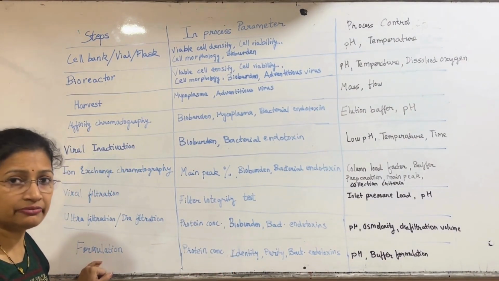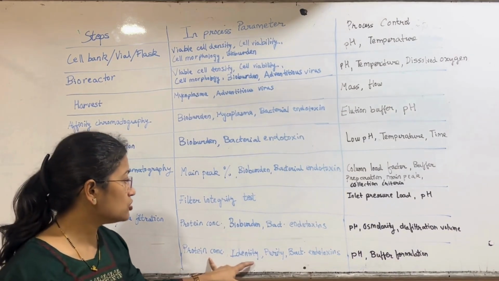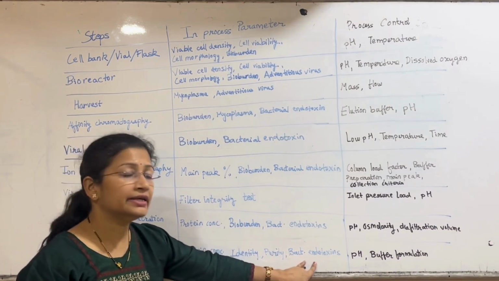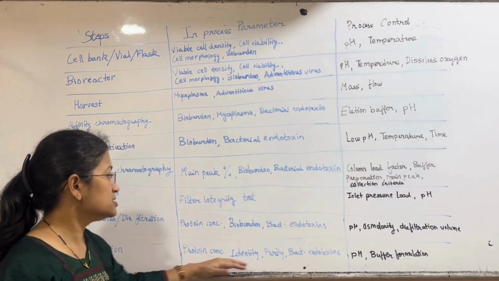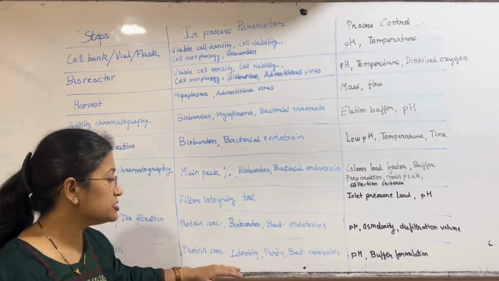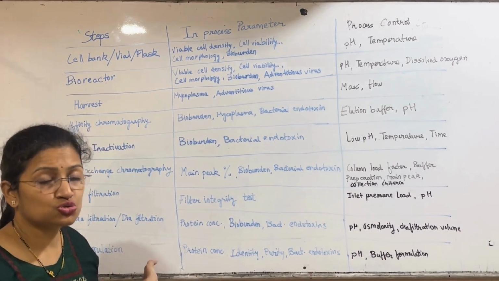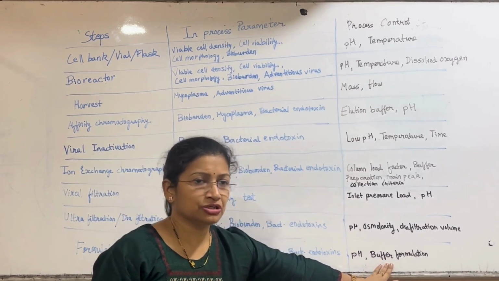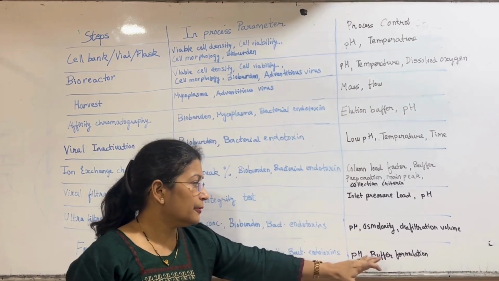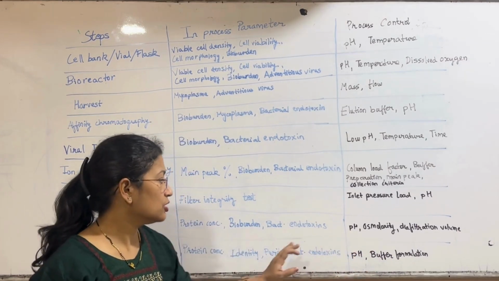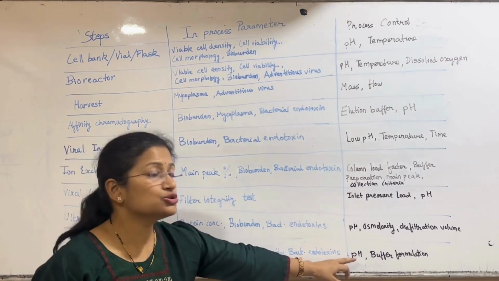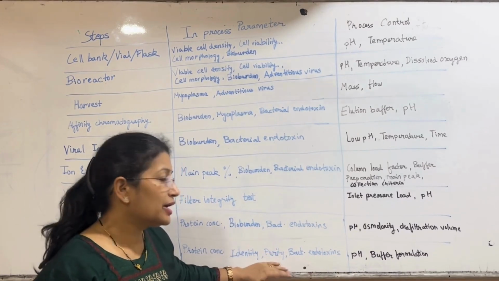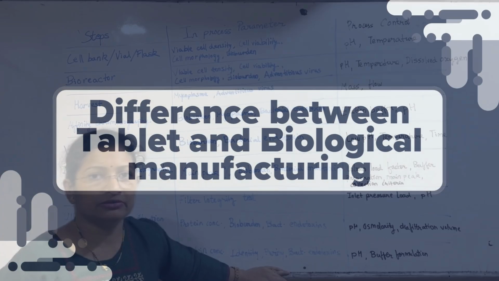Then the last step, which is formulation. Here protein concentration, identity, purity and bacterial endotoxin. These tests are very much essential when it comes to injections. pH and buffer formulation are the controls required for checking parameters.